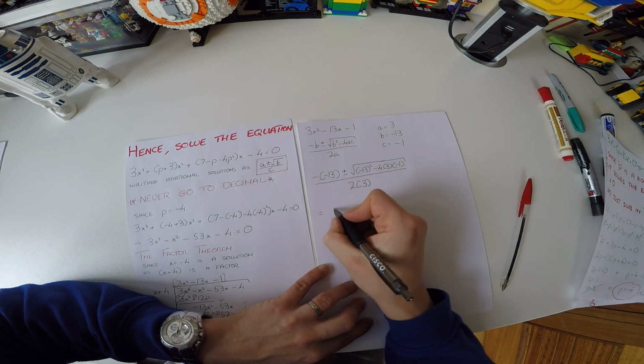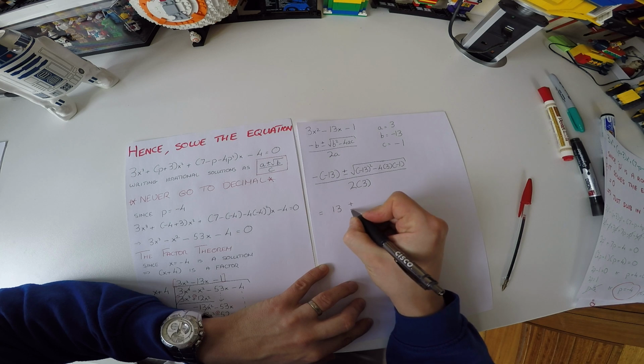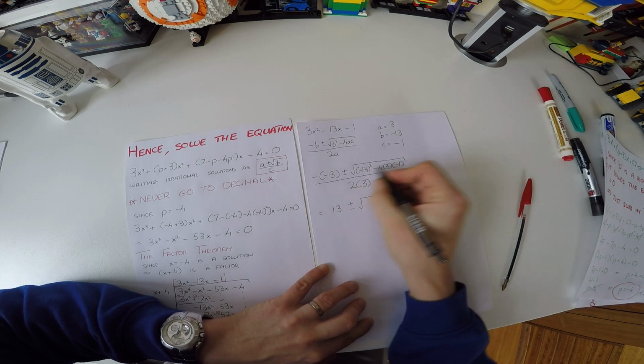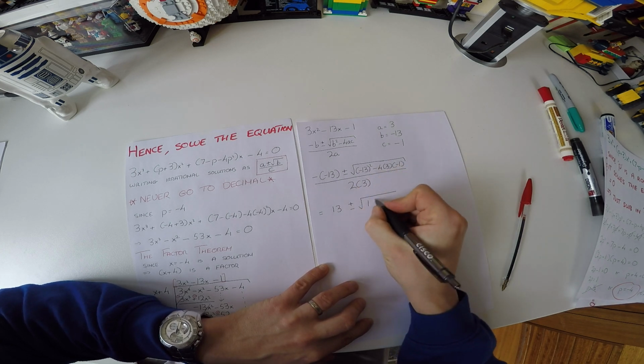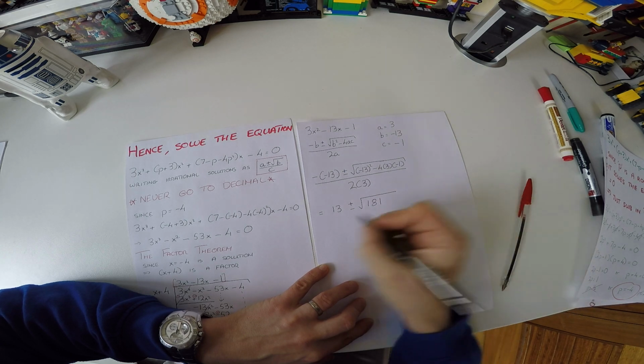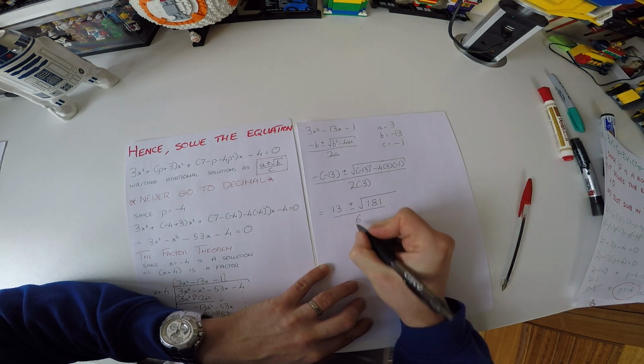So minus 13 gives us a plus 13, plus or minus. I'm sure you'll use a calculator to solve all this, but you should get 181 underneath that square root, all over 6.